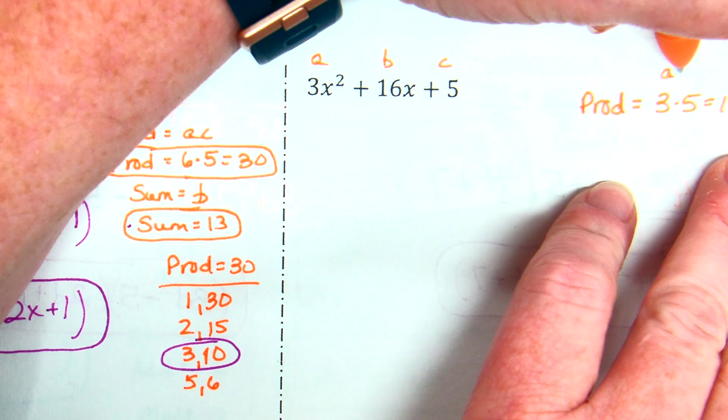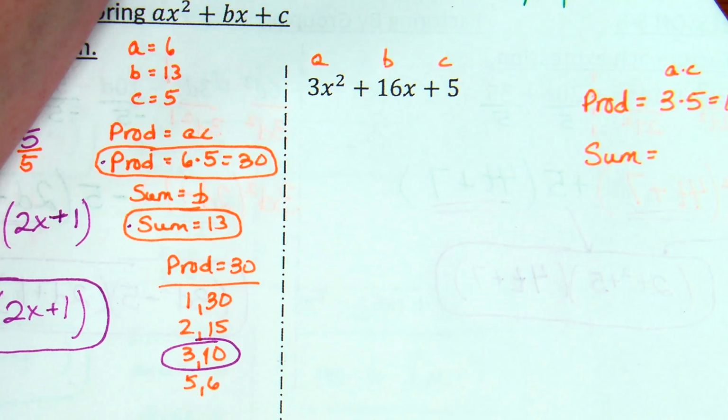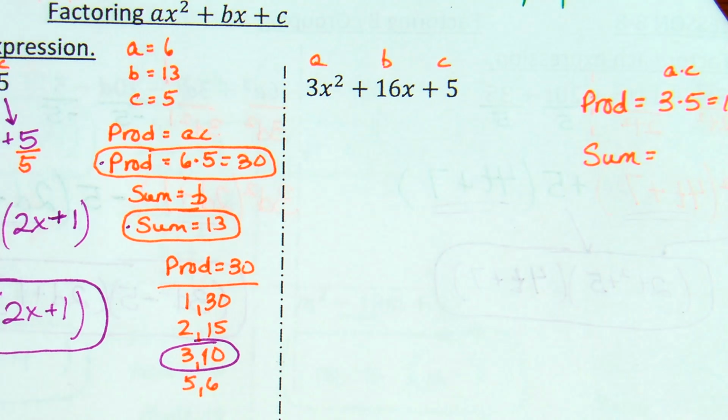Sum of B, which is? What's my B value here? 16? Okay. So we're going to be looking for numbers that multiply to be 15 and add to be 16.